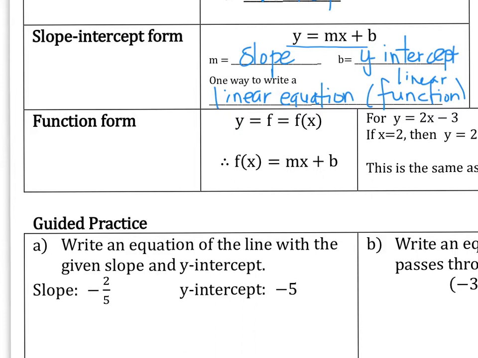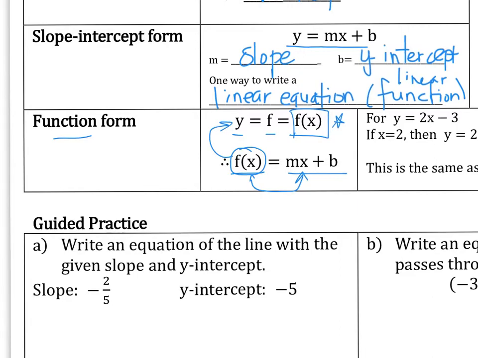Here is the function form. y can be written as simply f, or f of x. Therefore, f of x equals mx plus b. So whatever you plug in for x here, you sub it into x here, and it will produce f of x, which is your y value.